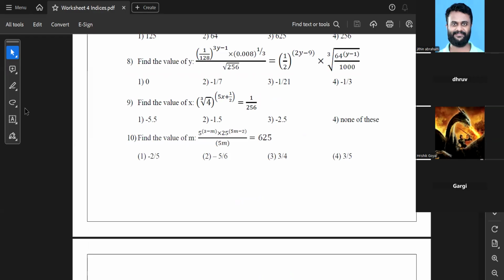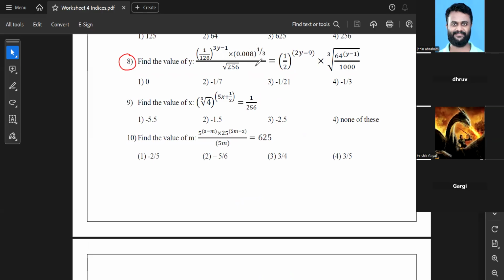Okay. Eighth one. Find the value of y where this is happening. This is equal to this. Now let us break this down one by one. First of all, let us take the simple cube roots and square roots.